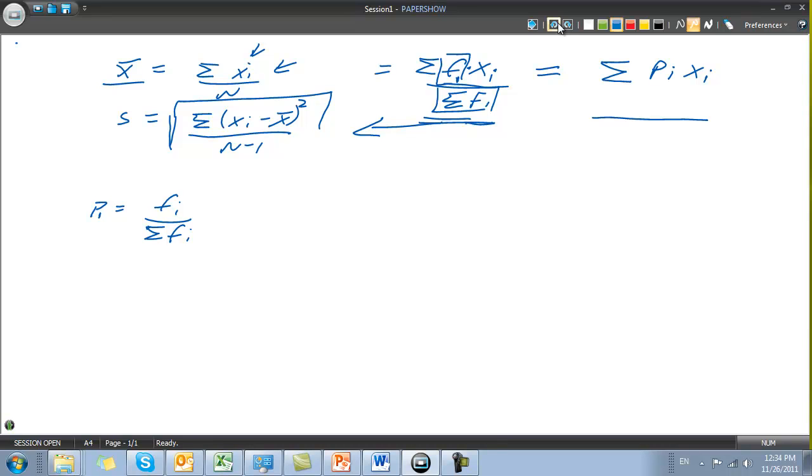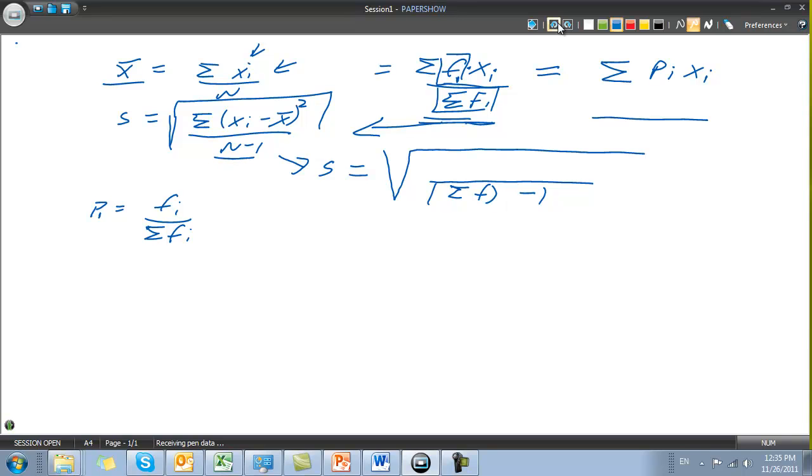Now, what about finding the sample standard deviation when given summary data? Well, our sample standard deviation would be equal again to the same square root of... Let's take the denominator first. N is simply the sum of my response frequencies, less 1, because I took n less 1 over here.